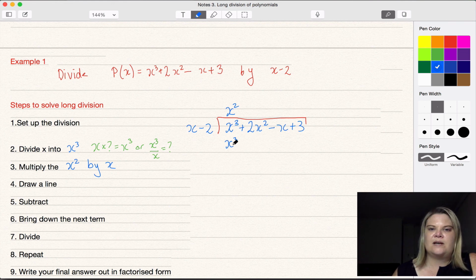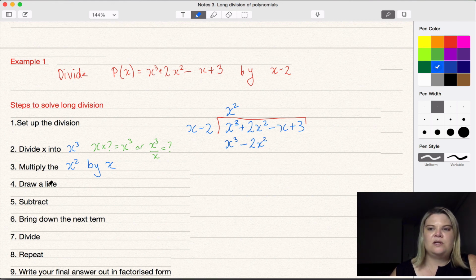Put the solution down underneath. These two should be the exact same number. If they're not, you've made a mistake up here and you might need to go back and change this one slightly. Once we've got that one, we need to multiply the x squared by the minus 2, the second part of this, because we're multiplying this by all of this here. X squared times minus 2 is minus 2x squared.